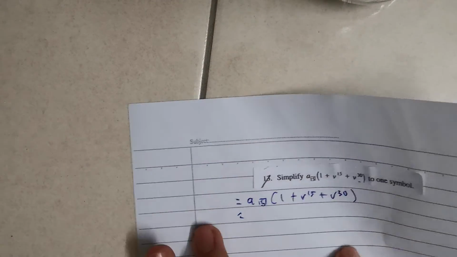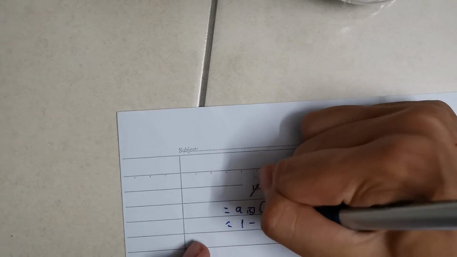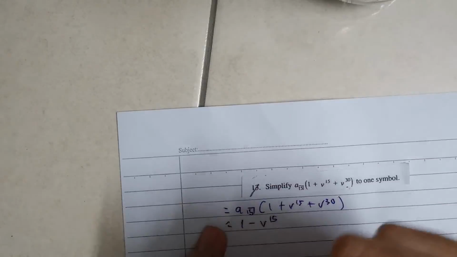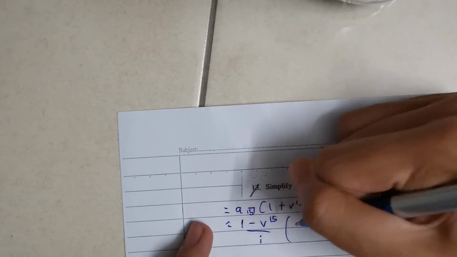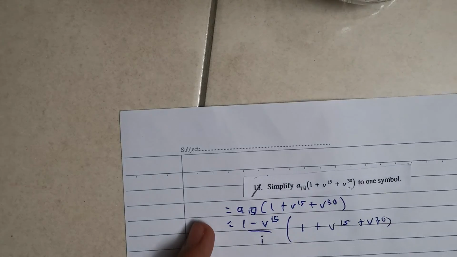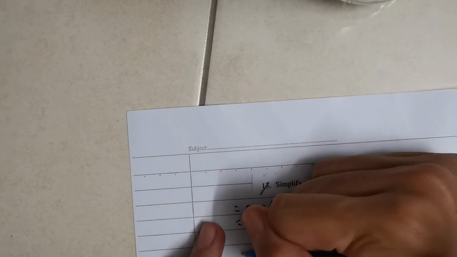Okay, so we will change this to 1 minus v. This is the formula for A angle 15, which is (1 minus v^15) over i. Then 1 plus v^15 plus v^30. So just expand.